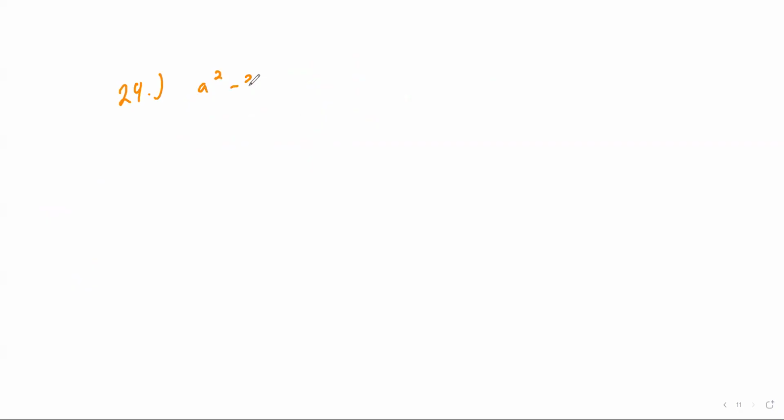24 is a squared minus 3a minus 4 over a minus 2. When you have a division problem, there's one extra step you've got to do before you do what we did. And this is the keep it, change it, flip it.